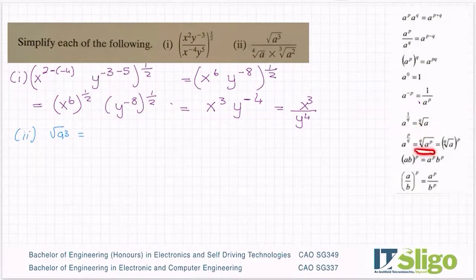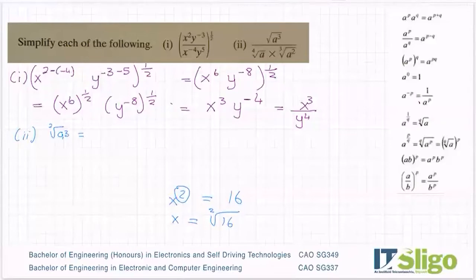This one here. Okay, so like we were saying at the last class, there's a little 2 there. Sometimes we don't write it in. Most cases we don't write it in. So if you have x squared is equal to 16, and therefore you know that x is equal to root 16, well, the reason the square root is the opposite of squared is that there's a little 2 there. We just don't write it in. If I have x cubed is equal to 8, then to get x, I would do 3 root 8.